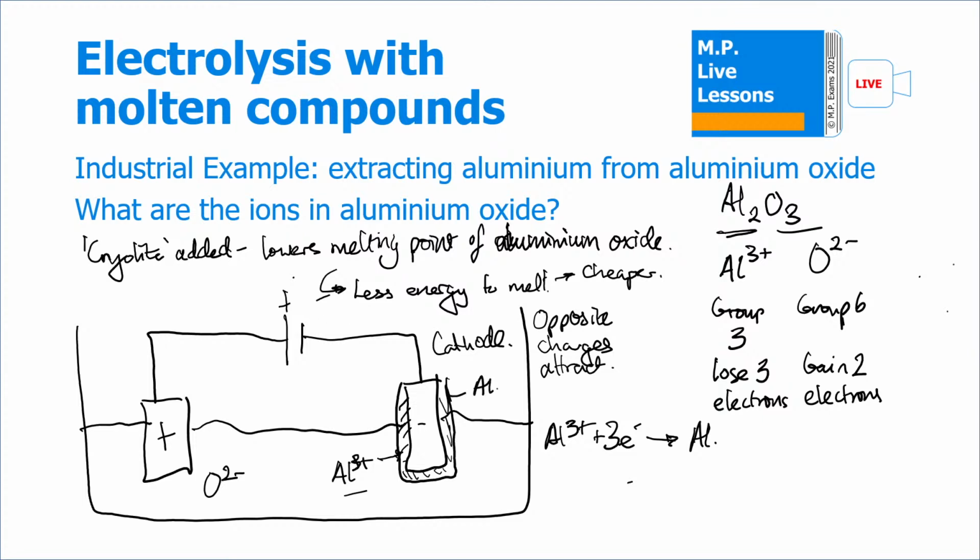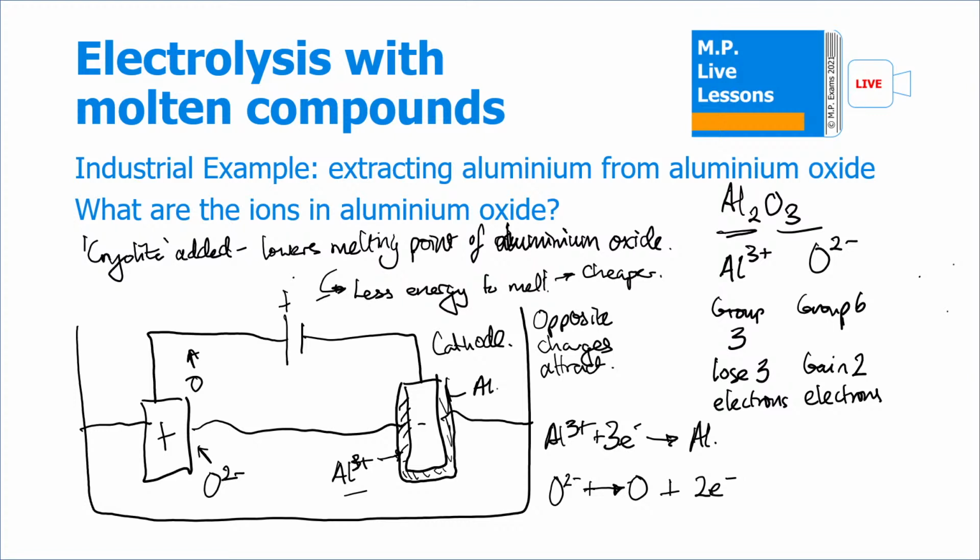Whereas on the other side, oxygen gets attracted to the anode and just becomes oxygen and leaves 2 electrons. That just gets released.